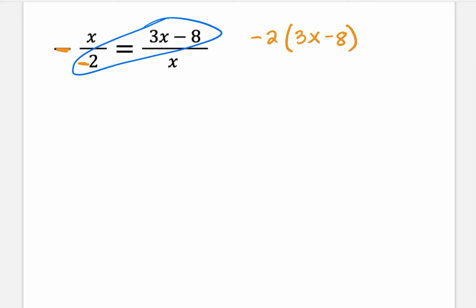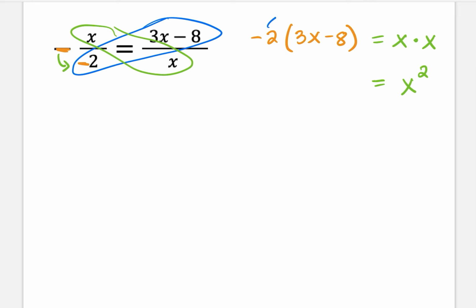And then I will multiply x times x. The reason why I brought the negative sign down below is because I need my leading coefficient, which has the highest exponent, to be positive. So this will give me a positive x squared, which I want. We want the leading coefficient to be positive.